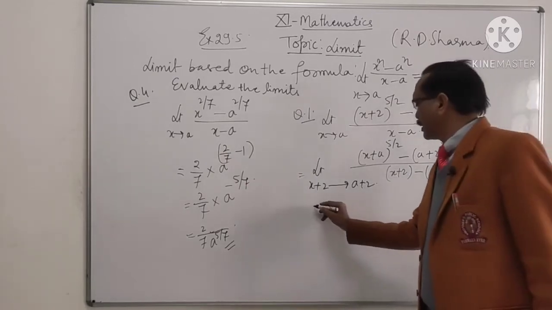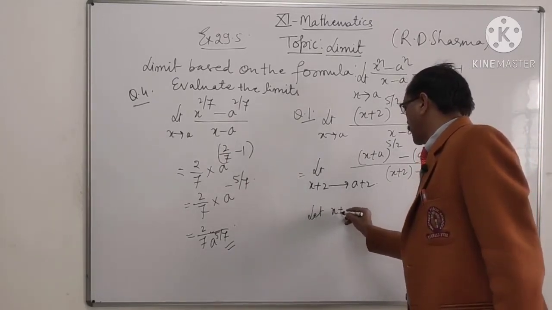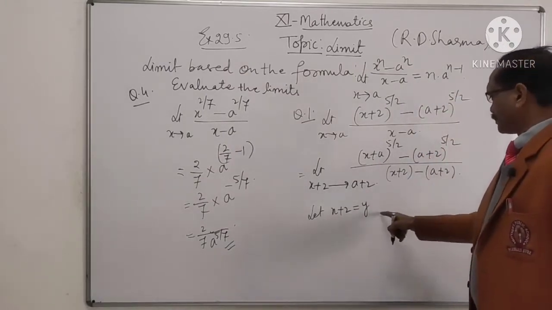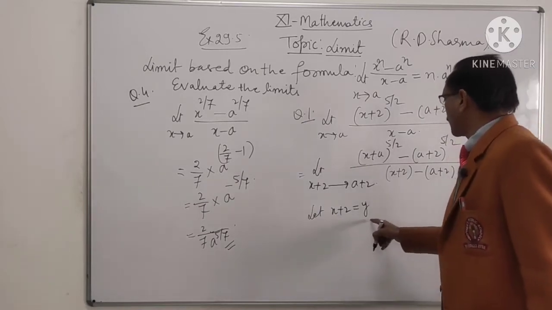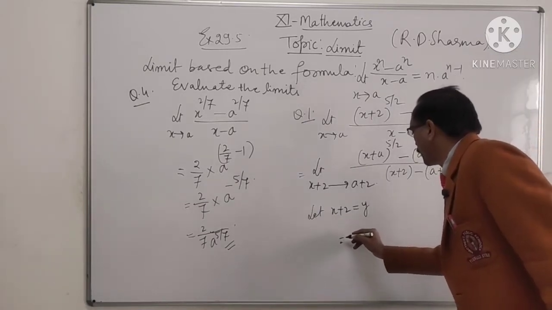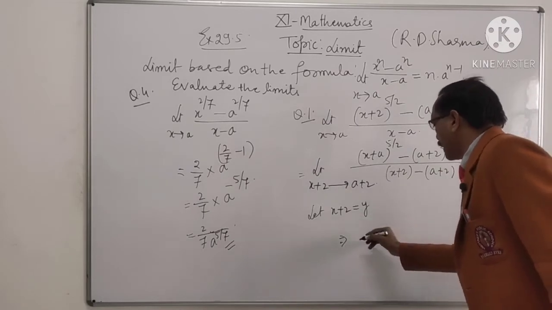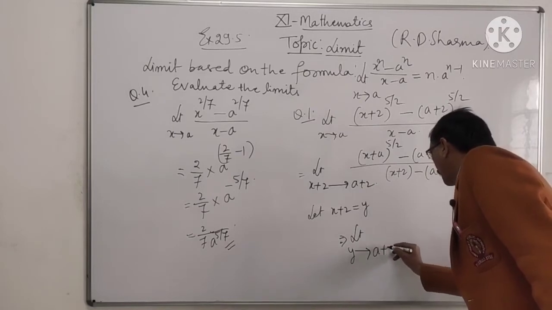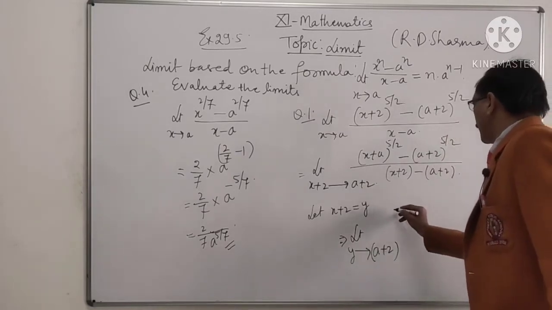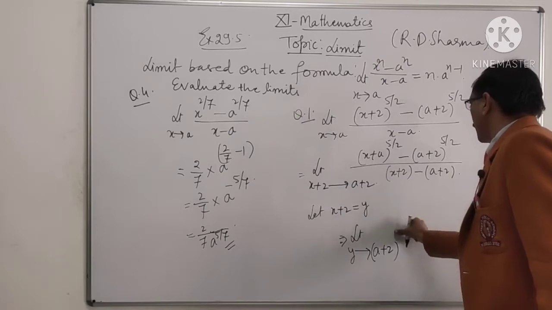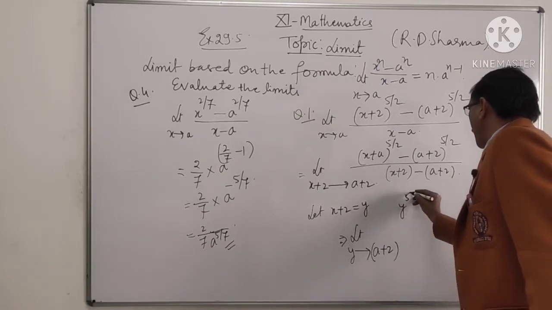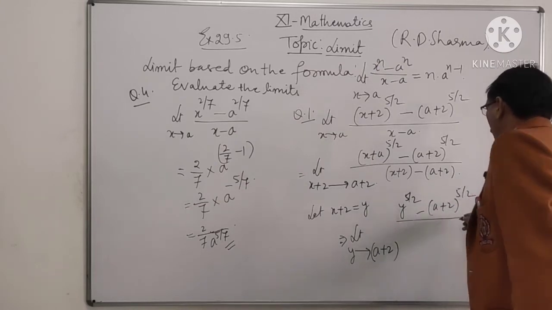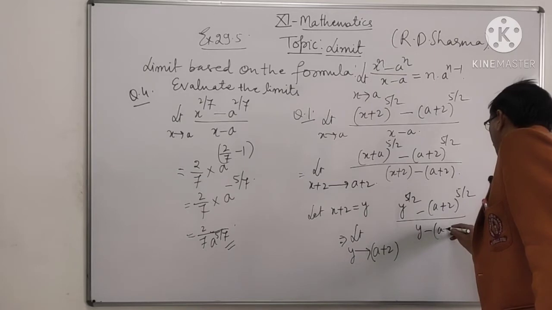Let x plus 2 equal to y. When x tends to a, then y tends to a plus 2. Then y power 5 by 2 minus a plus 2 power 5 by 2 upon y minus a plus 2.